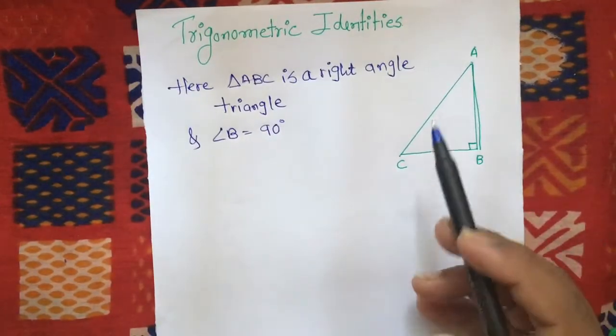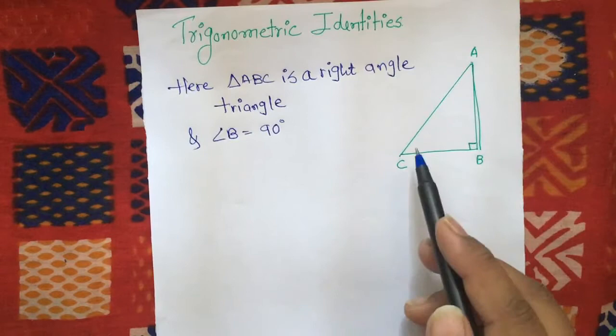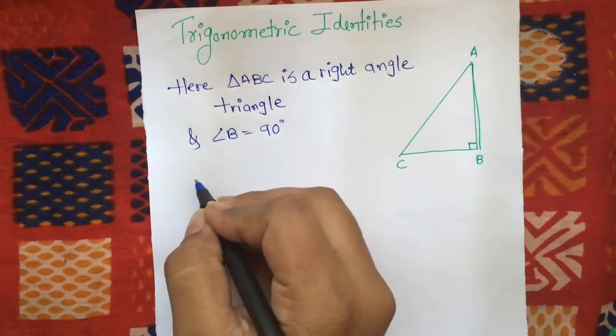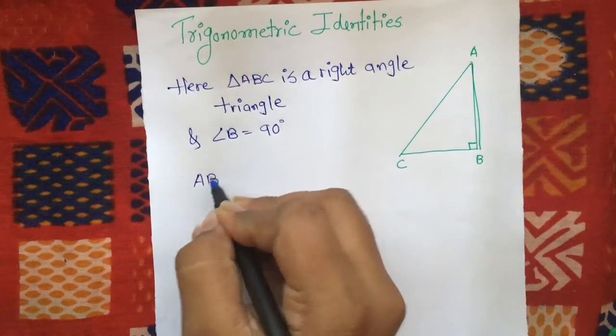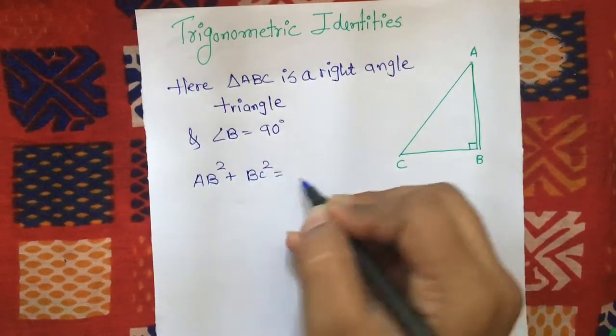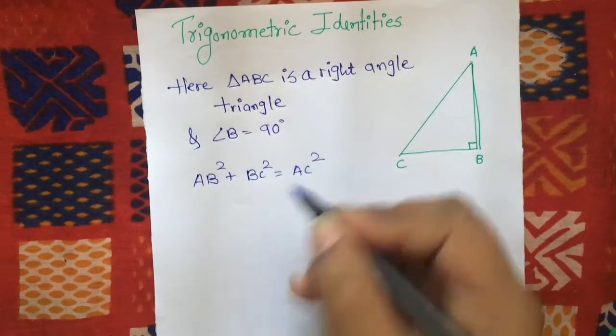So here we can write the Pythagoras theorem for this particular triangle ABC, which is AB square plus BC square is equal to AC square.